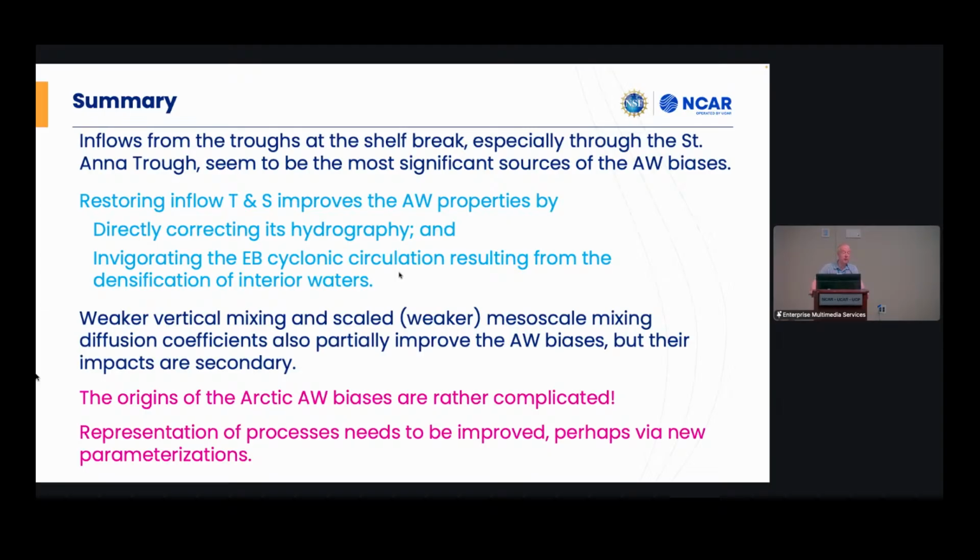It looks like we need to get the right TS properties maybe over the shelf regions, but particularly subsequent flow down the slopes and entrainment, and that involves also the interior properties, TS properties, then they become rather complicated. So I'll stop there and take questions.